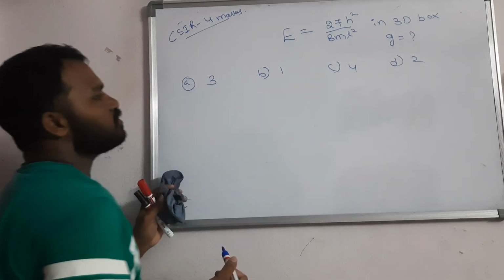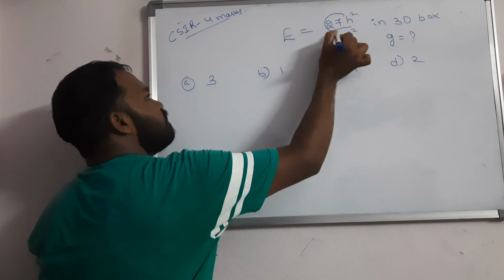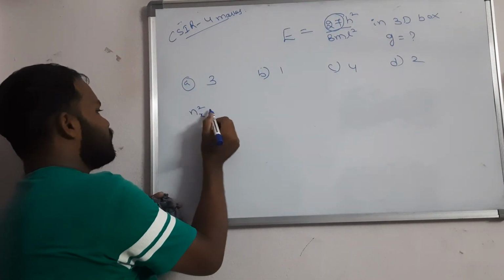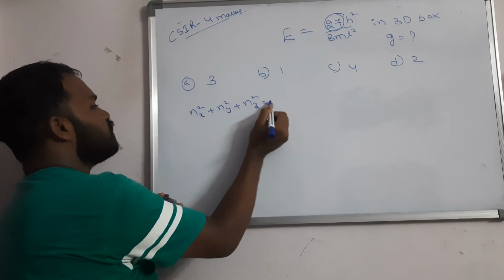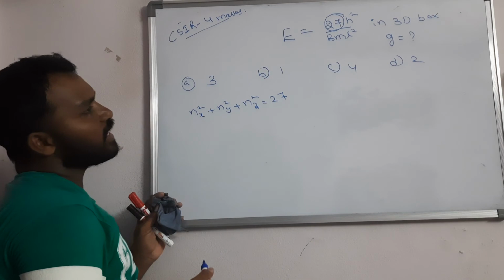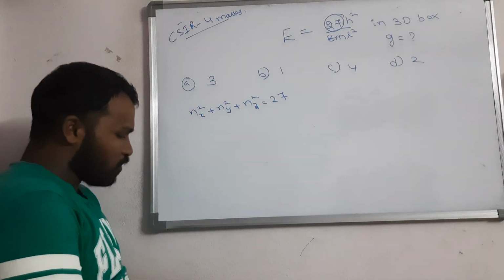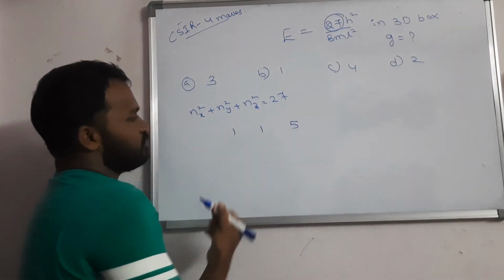Whatever the question, you should write 1, 2, 3, 4. So what will you take? 27 means nx square plus ny square plus nz square should be equal to 27. What are the possibilities? Most people will write 1, 1, 5.